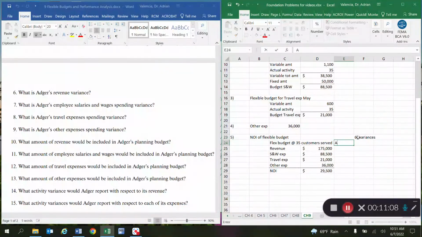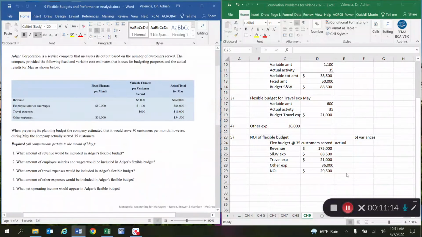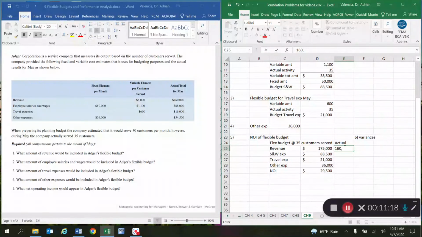So actual results were, let me write them down. Revenue of 160,000. This is actual results, right? Employee wages were 88,000. Travel expenses were 19,000. And other expenses were 34,500.